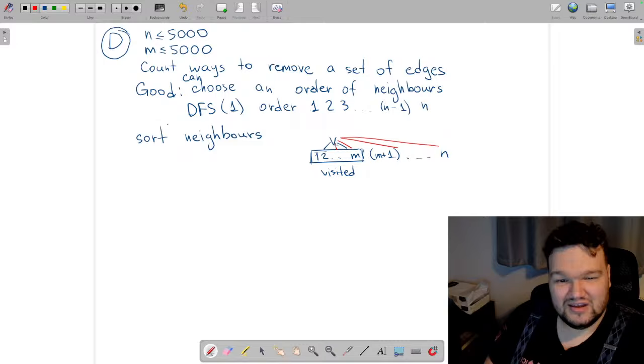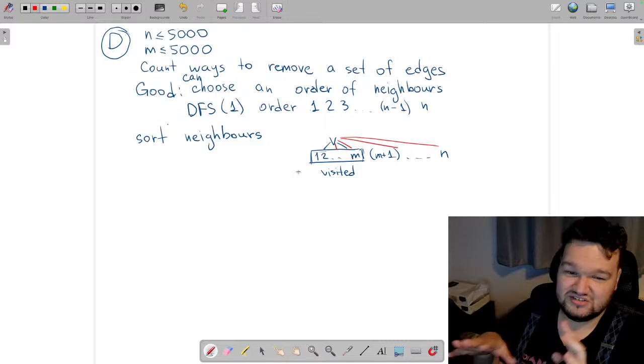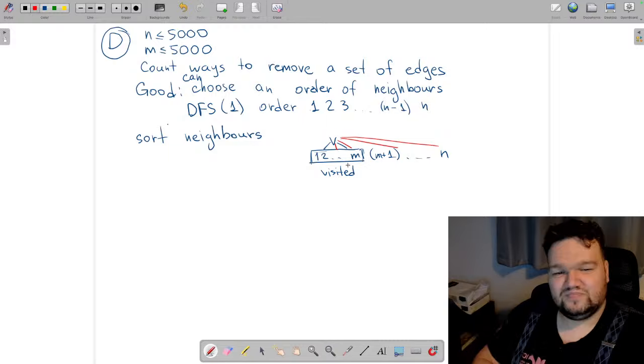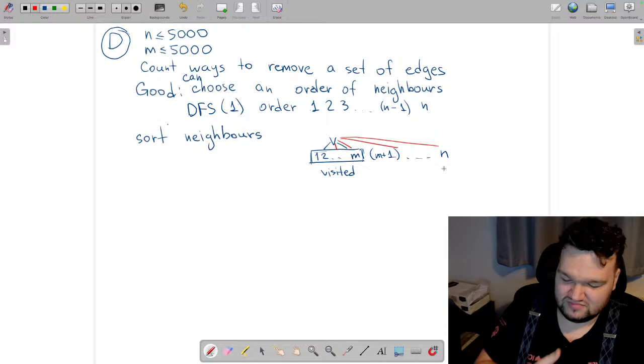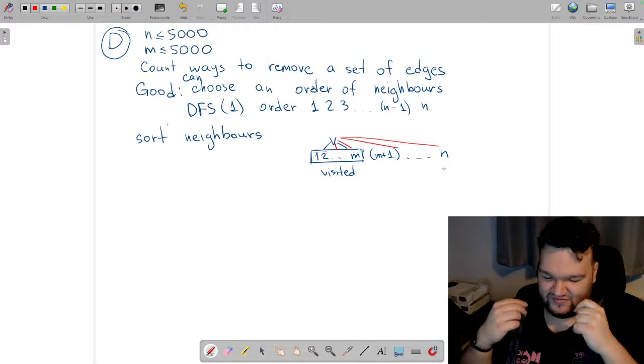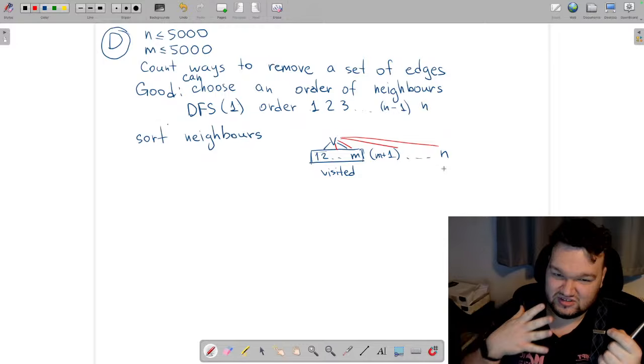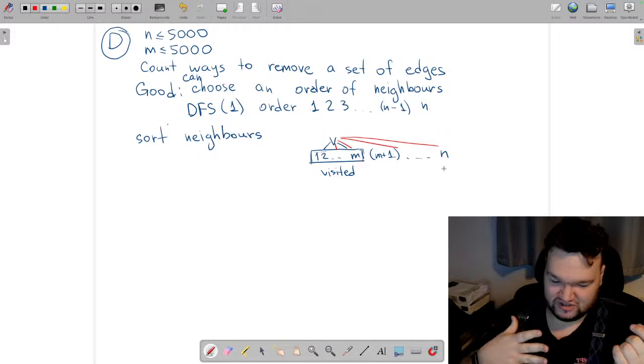So when we're staying at this vertex and we have this visited prefix of vertices, we can make sure that we have already considered all the edges to this prefix. Then if we have more edges that go to the suffix, we must consider one of them, because in DFS, when we're staying in the vertex, we will consider all the edges from that vertex eventually.